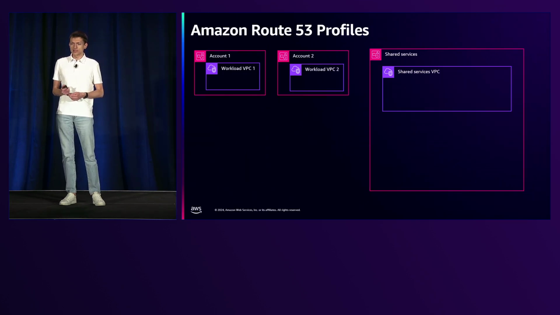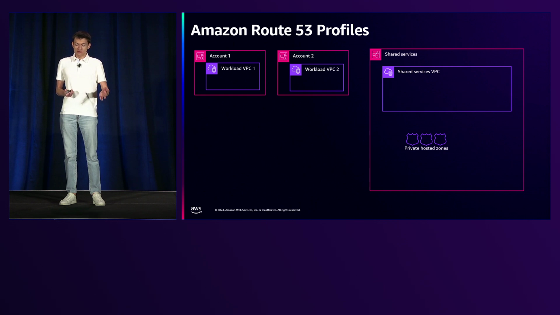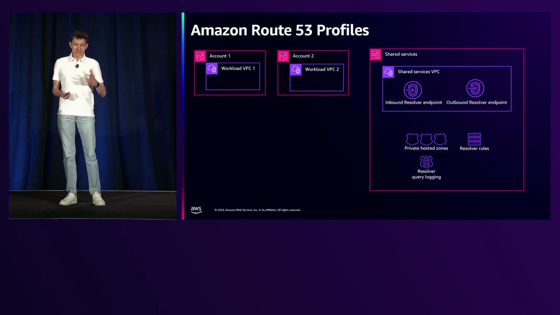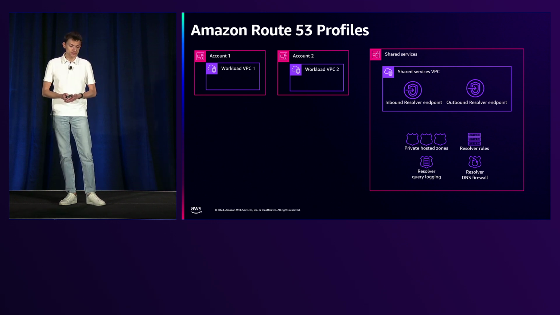Okay, how can you make your DNS configuration consistent across a whole organization, across all VPCs? So we will take our private hosted zones, we will take our resolver rules, we'll take query logging, which will log all of the DNS queries going through Route 53 resolver. We can also add DNS firewall, which will block or allow specific DNS queries.